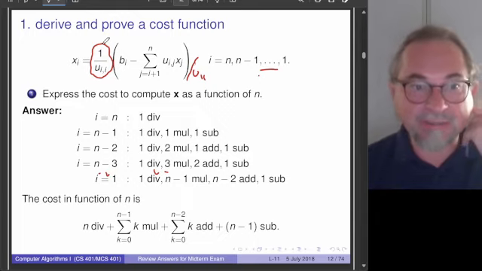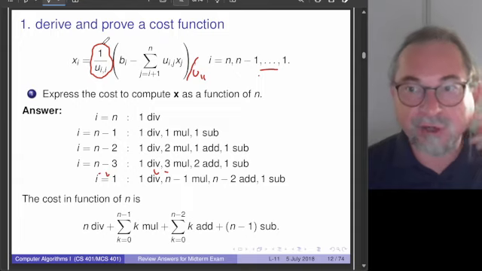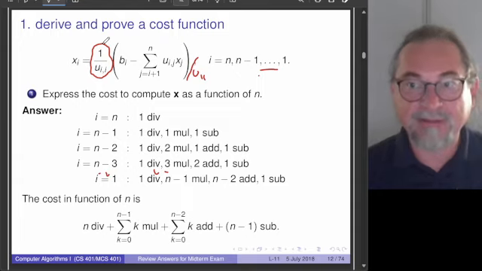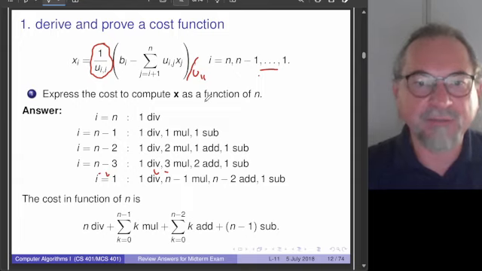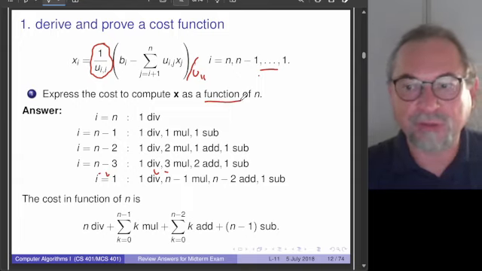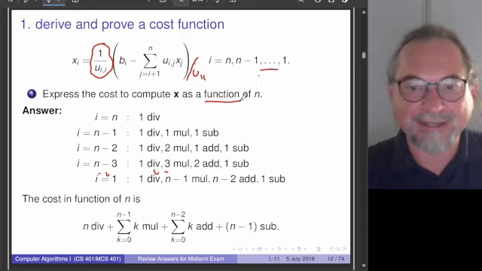So the expression at the bottom serves as a derivation and as a justification. It's not the final answer here because it's not counting as a function of the dimension. There is still this letter k sitting in this.